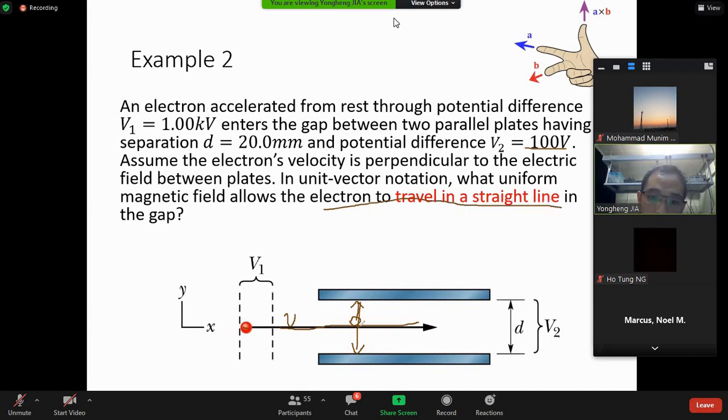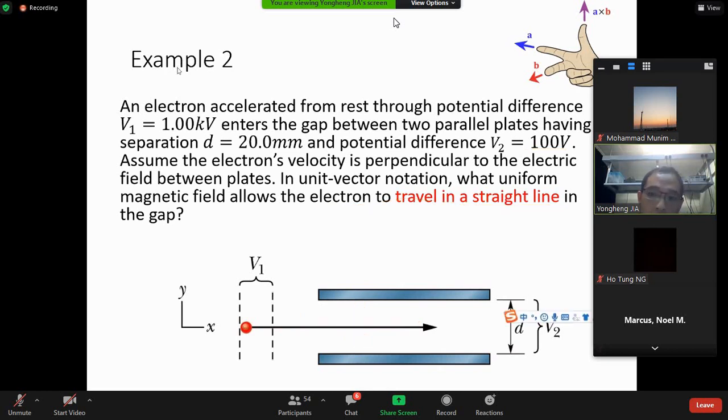If the electron can travel in a straight line in these two plates, then this electron should have another force in the opposite direction, right? It means that the magnetic force should be in the opposite direction to the electric force, and they have the same magnitude, right?